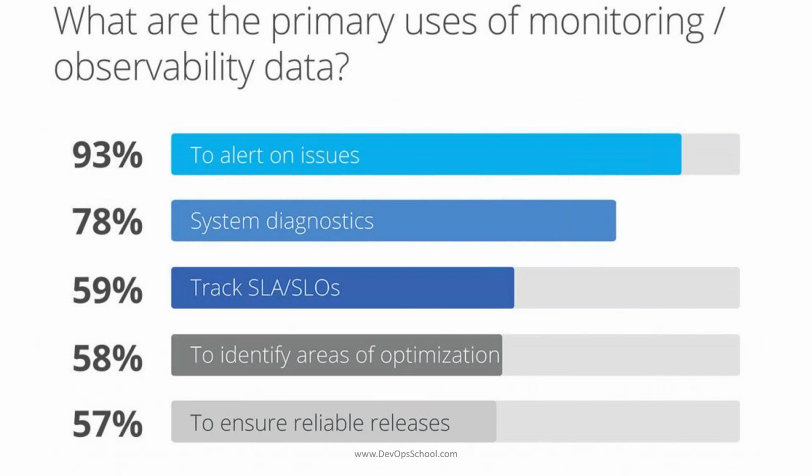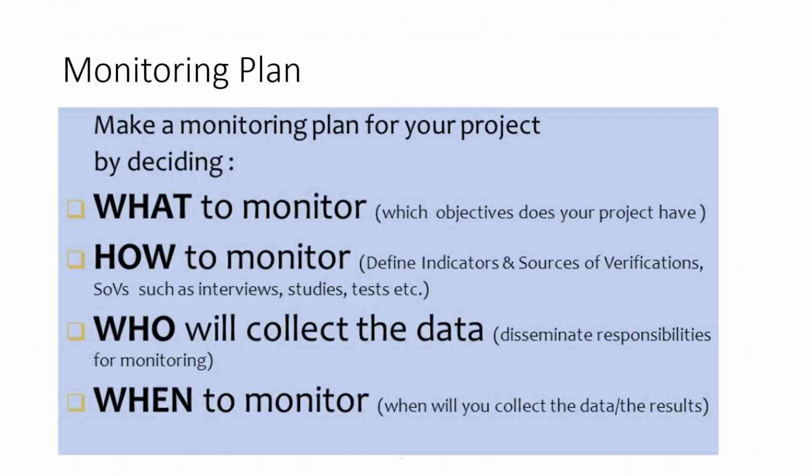We want to track SLAs and SLOs, service level agreement and service level objective, to see whether we are able to achieve the SLOs committed to the client or not. And we also want to identify areas of optimization and ensure reliable releases. So these are the primary reasons why we are doing monitoring.